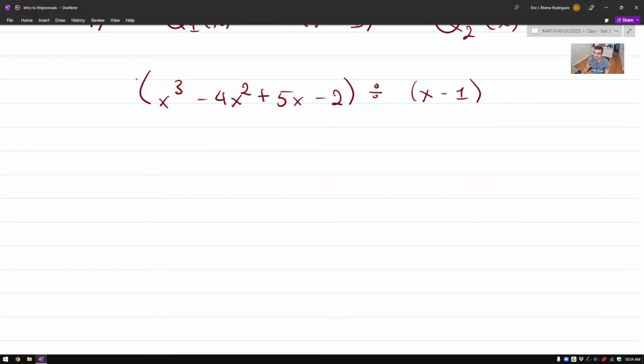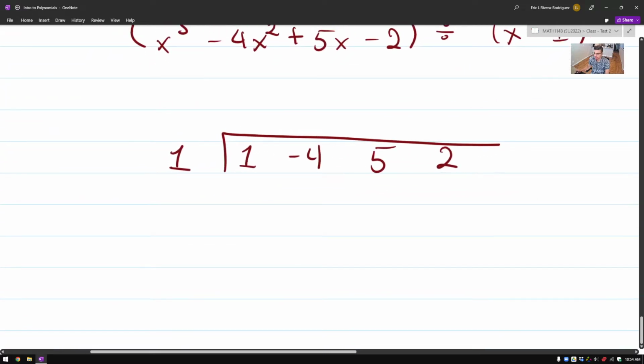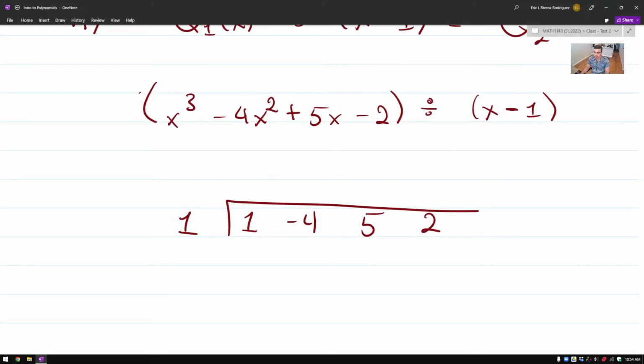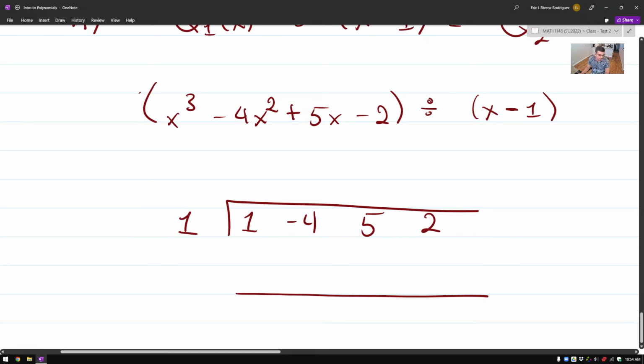Let's do the steps. From the linear factor I have minus 1, so careful, I'm going to take the opposite value, positive 1. I'm going to then write down the coefficients of my polynomial: 1, -4, +5, and -2.